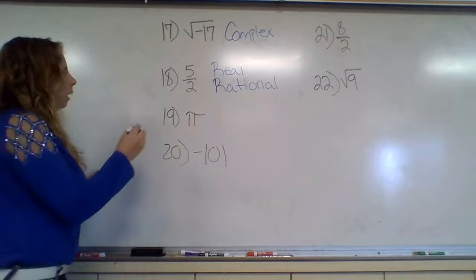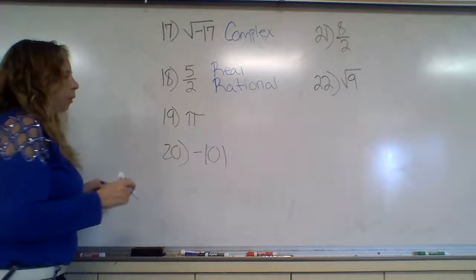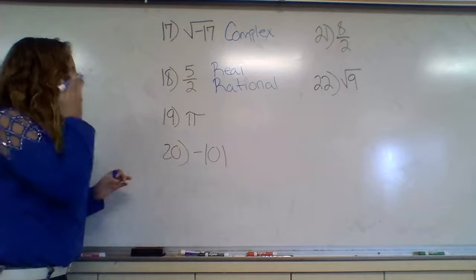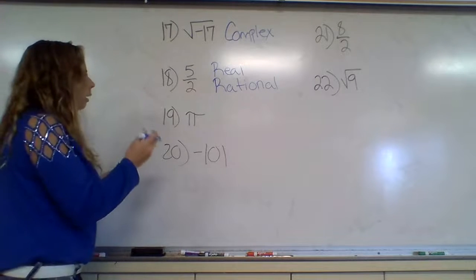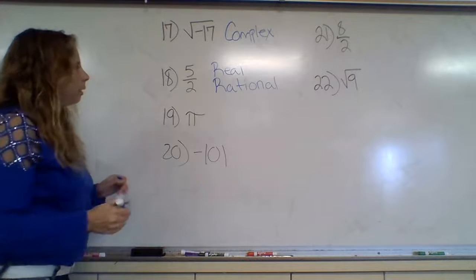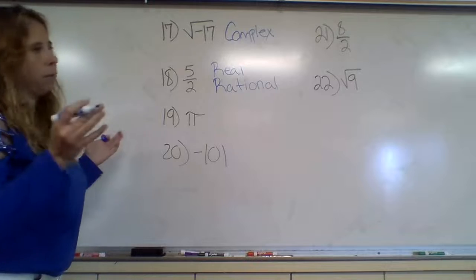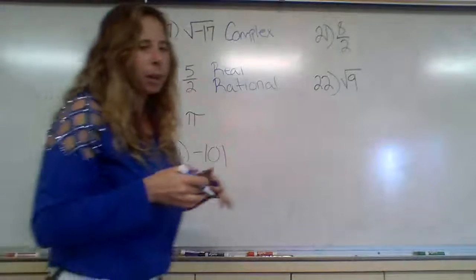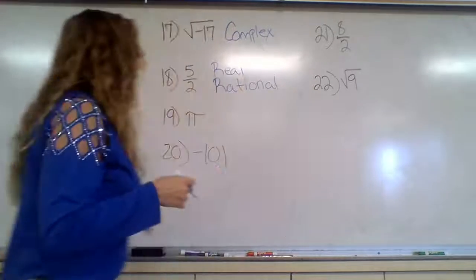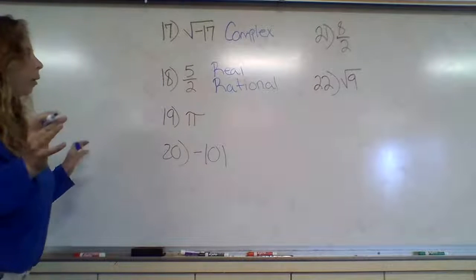If you wrote it as a decimal, it would also not go on forever, right? And then, is it an integer? No, it's not. So it's not an integer, which means it's not a whole number.